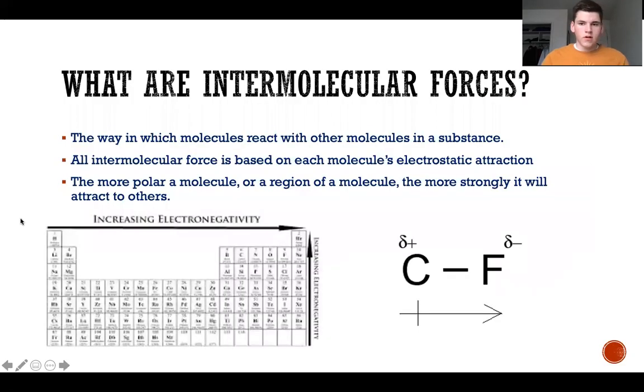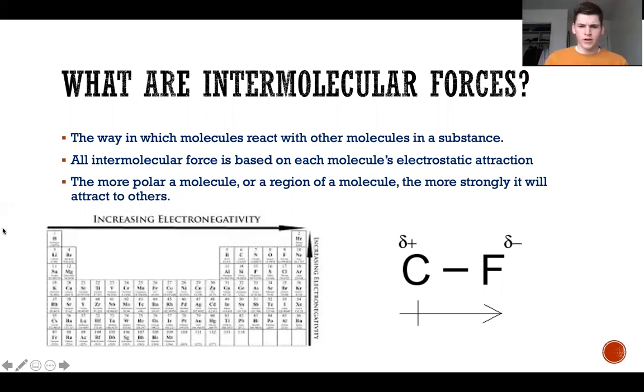So to start off, what are intermolecular forces? To understand the concept, we have to go back a little bit into our electronegativity section. If you'll recall that periodic table, as a rule of thumb, the more right and up you go on the periodic table, the more electronegative an element is.